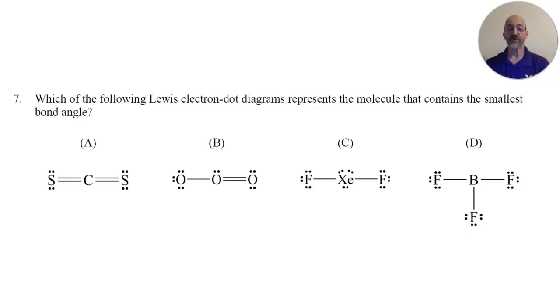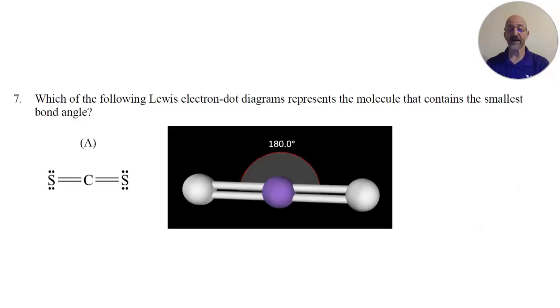All right, I'm going to start with choice A. Choice A has a carbon connected to two sulfur atoms with double bonds. There are no lone pairs of electrons on that central carbon atom, so that is, in fact, a linear molecule with a bond angle of 180 degrees.